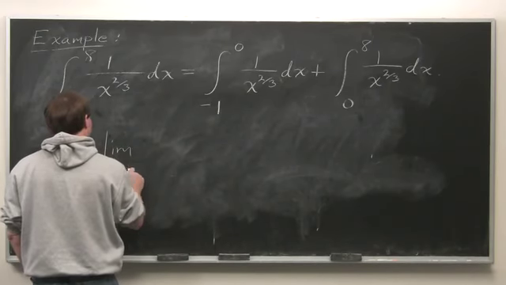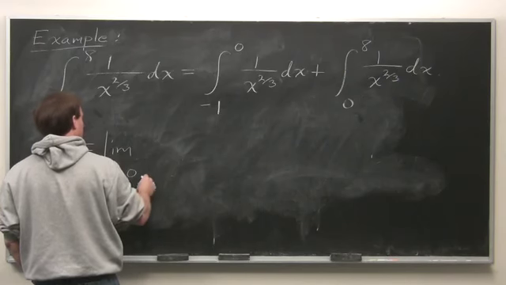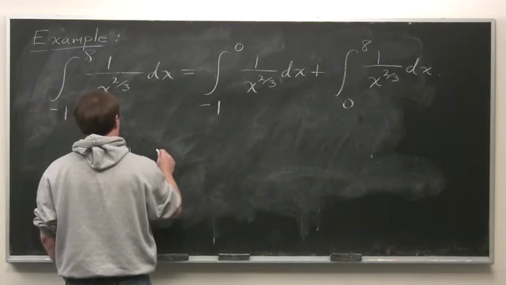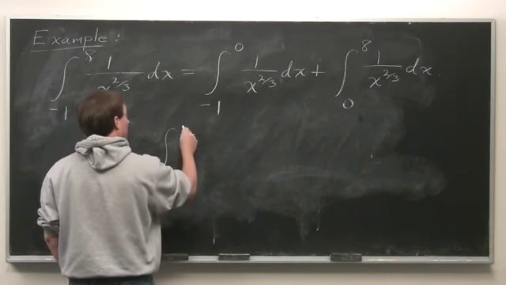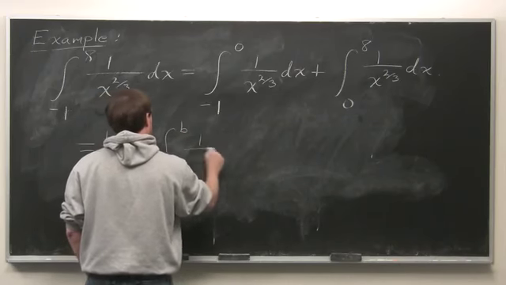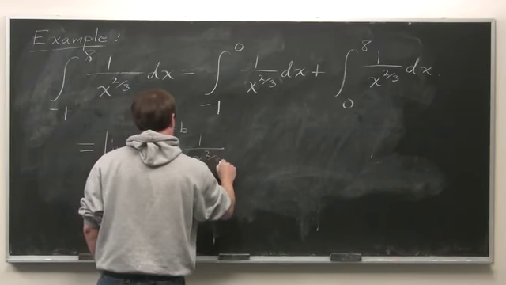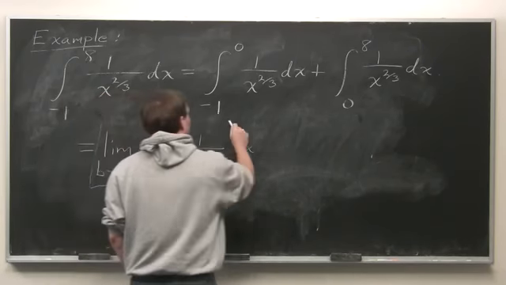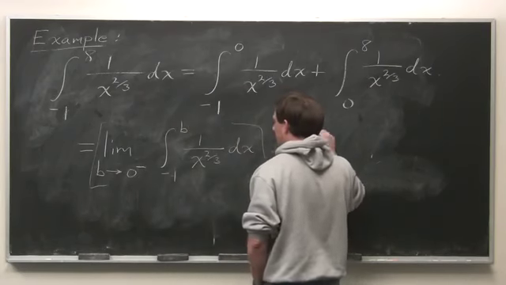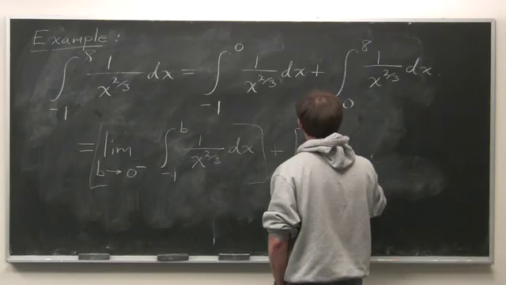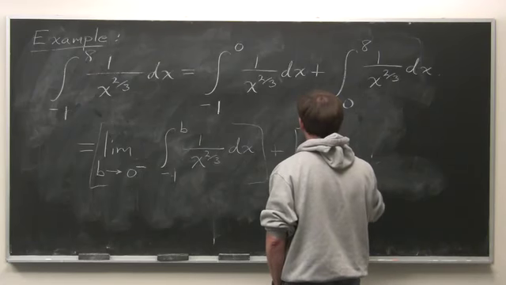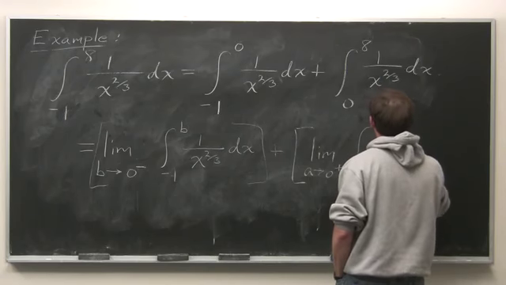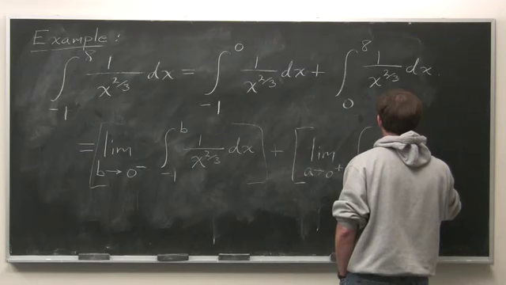I'll leave it as an exercise, but you take the limit here as b approaches 0 from the left of the integral from -1 to b of 1 over x to the 2/3 dx. And you add to that the limit as a approaches 0 from the right of the integral from a to 8 of 1 over x to the 2/3 dx.